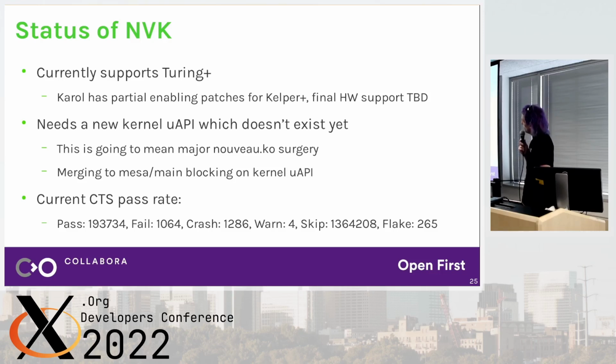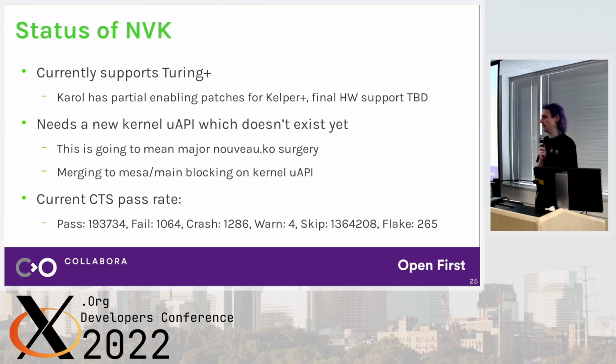The biggest blocker is that we're going to need a new kernel API. We're pretty thoroughly rewriting a lot of the Nouveau stack in this process. But part of it is that we need a new kernel API because the current one is very old school.